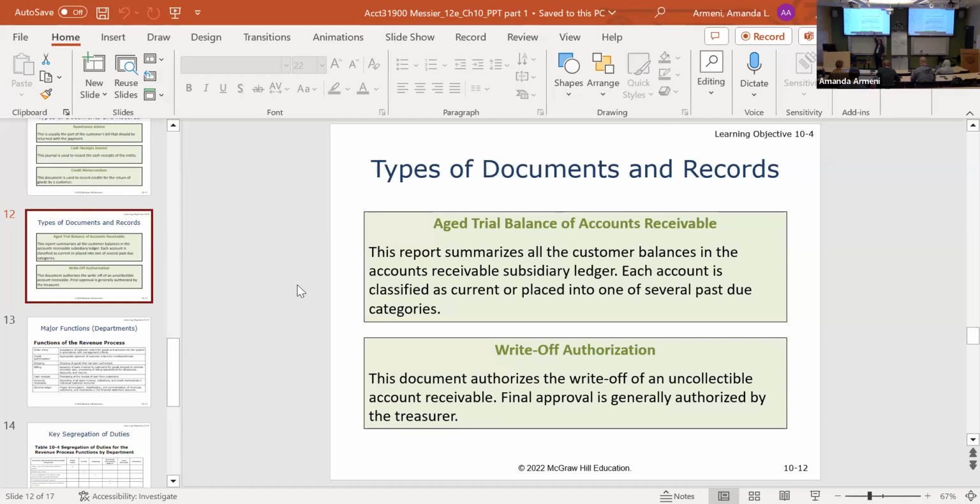We should get some form of supervisor approval before we write off. That's what that means, write off our accounts receivable. That means make a journal entry that's going to take that accounts receivable and wipe it from your accounting records. There should be some form of authorization before that's done. Okay. All right. Documents and records that you again may see described in Earthware's test of controls.